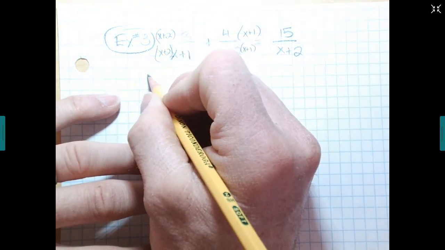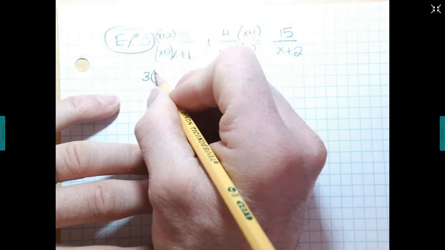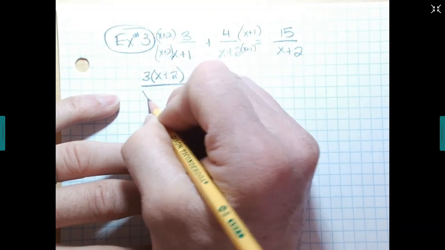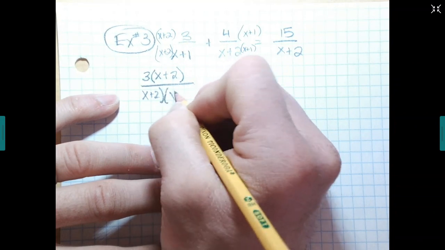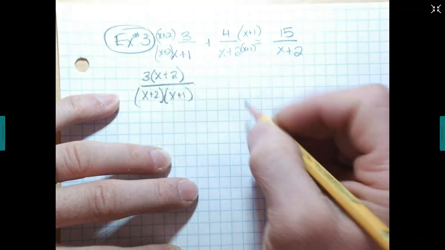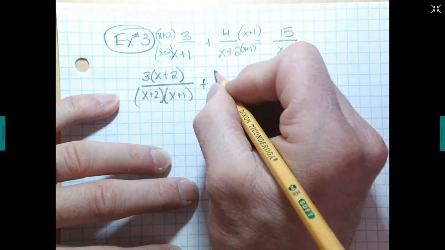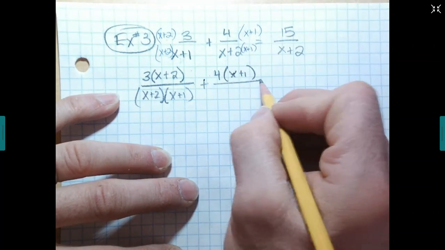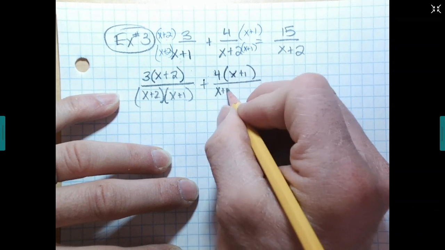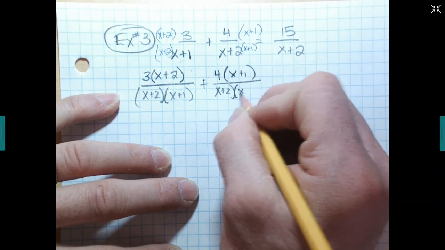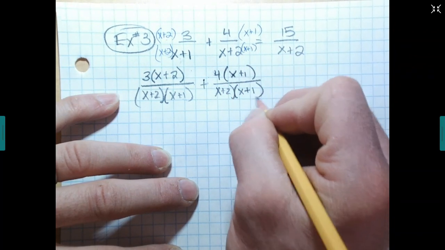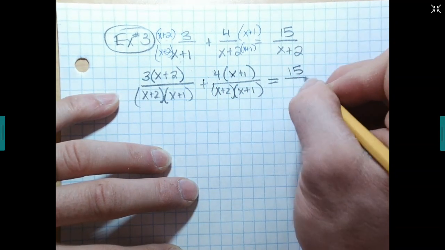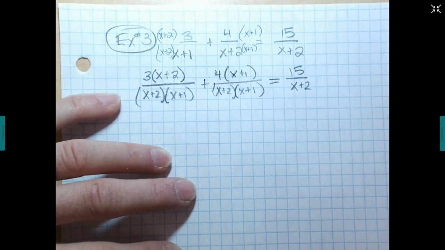I get 3 times x plus 2 over x plus 2 times x plus 1 plus 4 times x plus 1 over x plus 2 times x plus 1. And this all equals 15 over x plus 2.